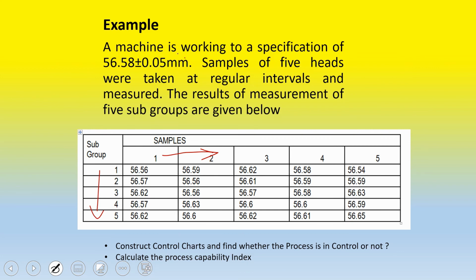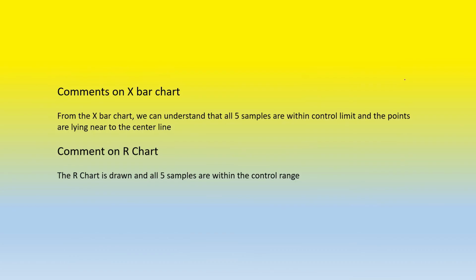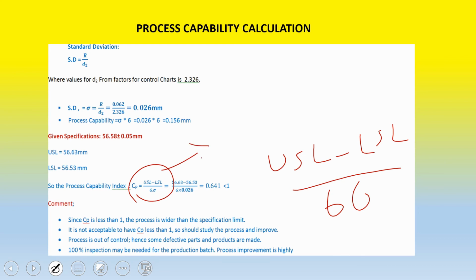See here, 56.58 plus or minus 0.05 mm is given. 56.58 plus 0.05 is the upper specification limit. 56.58 minus 0.05 is the lower specification limit. So we can calculate the upper and lower specification limits for the process capability index, and 6 sigma we have to calculate. How can we find the sigma?